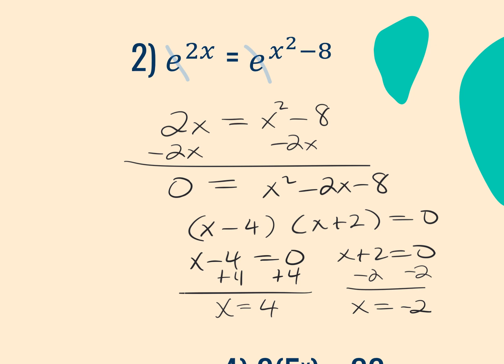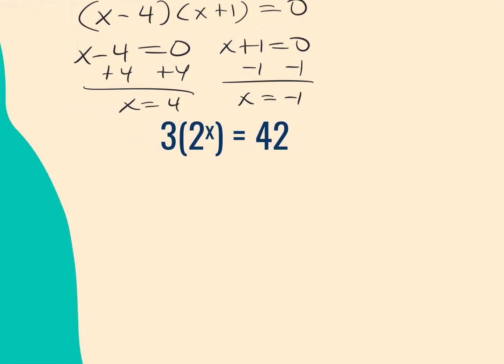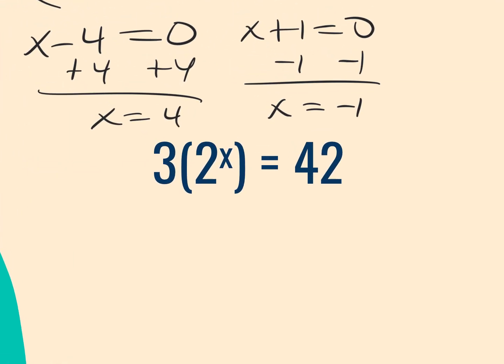Let's try the next one. Now, the next two are actually calculator questions. So if you have your calculator, go ahead and take them out. All right, so number 3, it's given to us in exponential form.